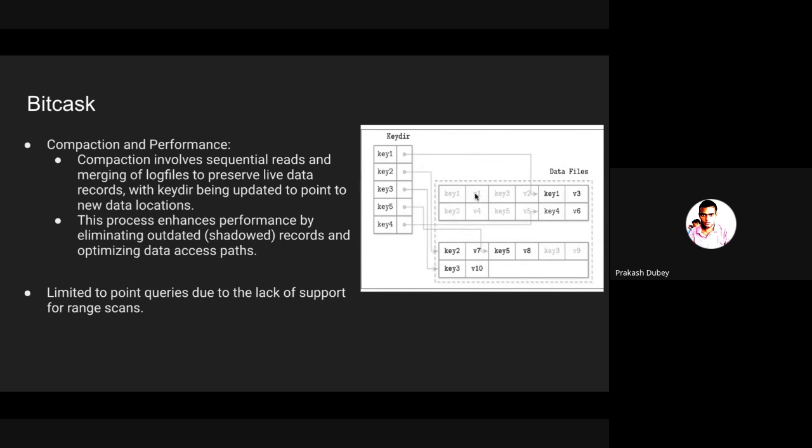You can see the example here. We have multiple keys, and let's say key 1 came with value 1, then key 3 came with value 2. It keeps on appending here, and this hash map will always contain the latest snapshot. So for key 1 there is key 1 with value 1, but the latest is key 1 with value 3.